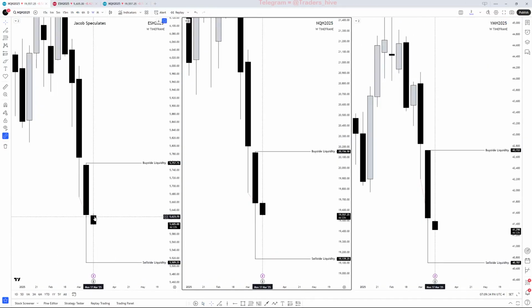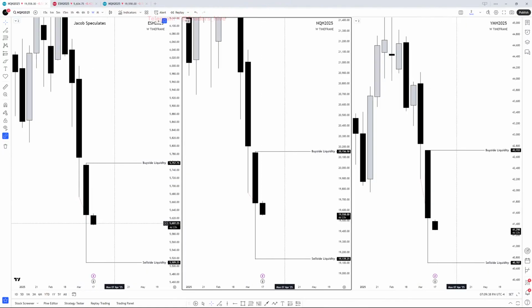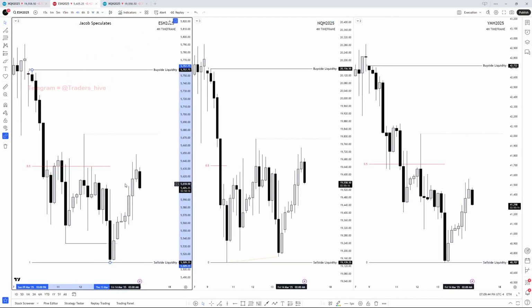Although I would like to see buy side liquidity get reached in specific conditions, and this is what I was referring to earlier, you don't necessarily need to be correct. You just need to be semi-correct about the direction, and you can look for intermediate targets within the range.